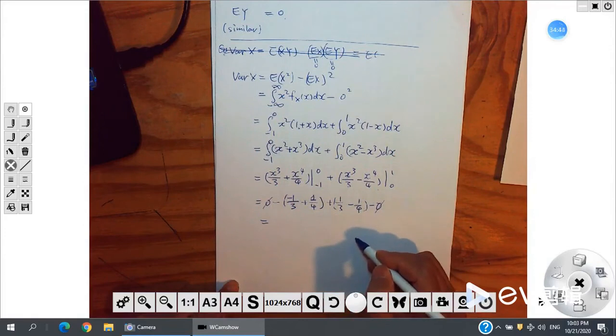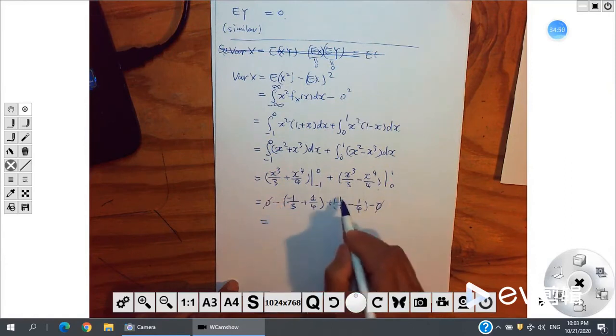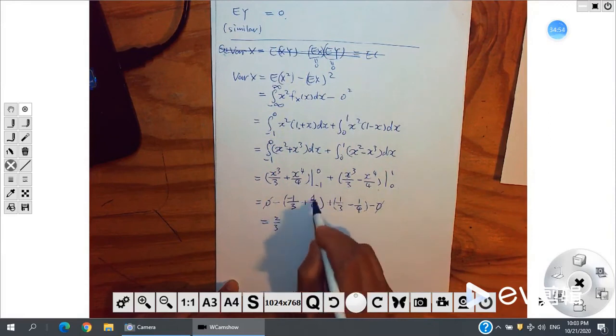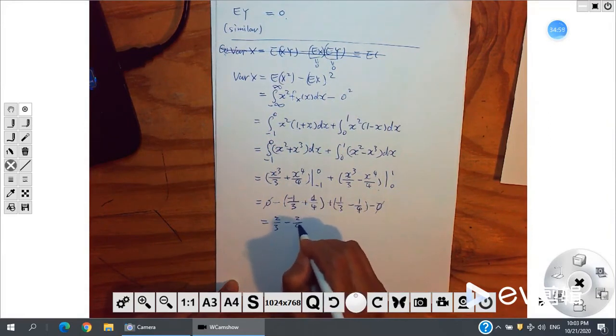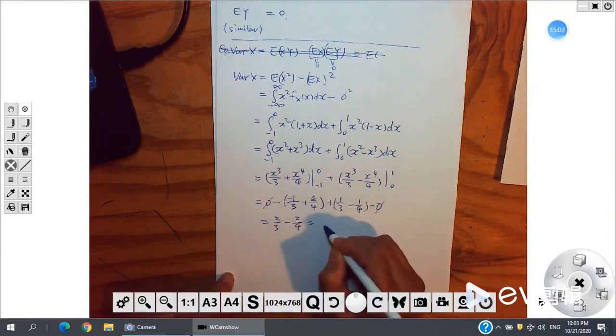I have negative 1/3, so this is a positive 1/3, and positive 1/3, so 2/3. And negative 1/4, another negative 1/4, so negative 2/4. So this is 2/3 minus a half.